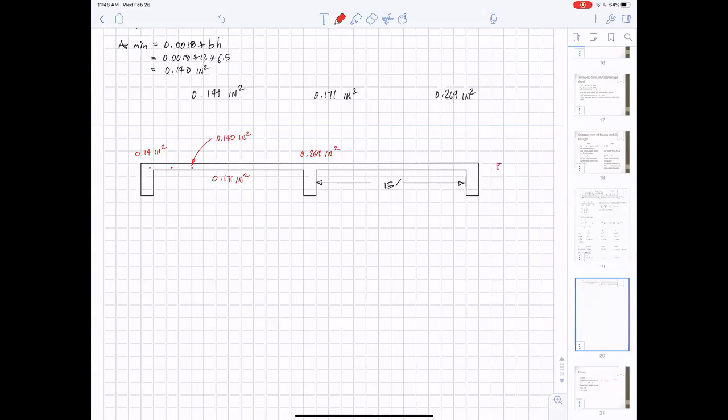This is all per foot. So what I'll do in the next video is go to a table and pick this out, and I'll make a sketch. I'll come back with that video in a little bit.